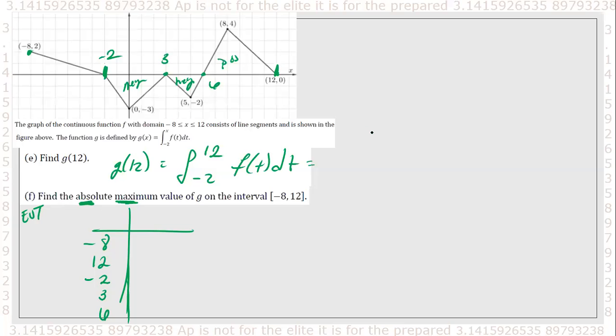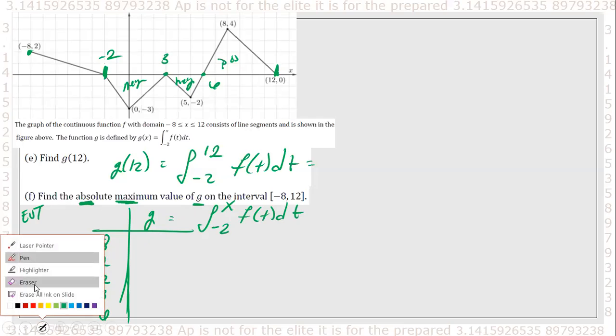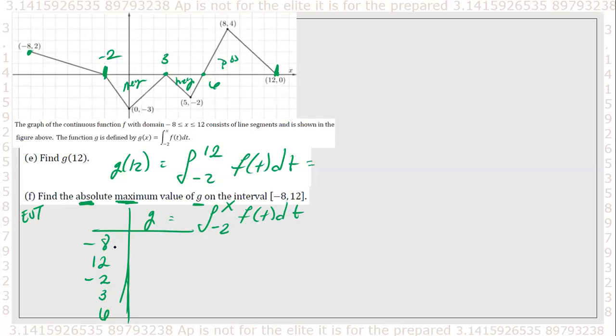Once you do that, guys, you're gonna go ahead and put them into the function g. And we all saw that the function g is actually the integral from -2 to x of f of t dt. So pretty much what you're gonna do is substitute and evaluate. So I won't do them all, but I'll just set up the first one, -8.